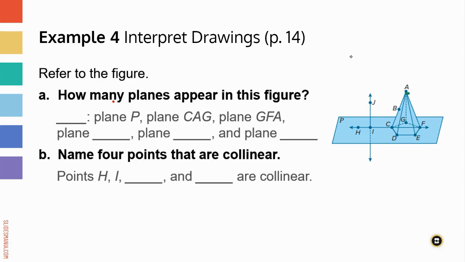And then we have the planes, let's see, FAE. And again, it doesn't matter which order you put the letters in. We have plane ADE. And we have plane ACD.